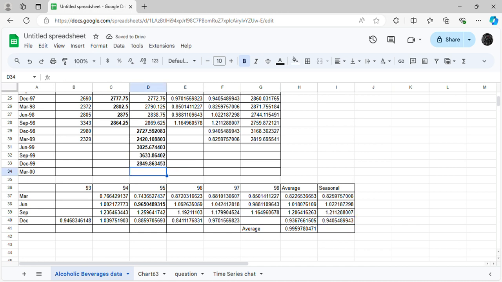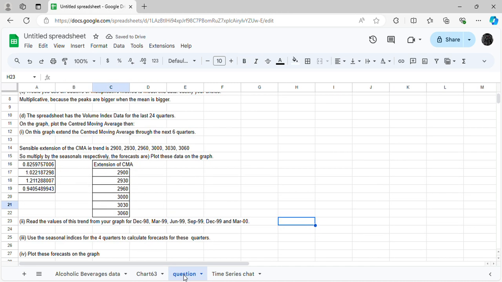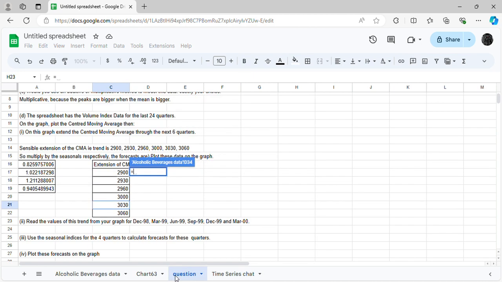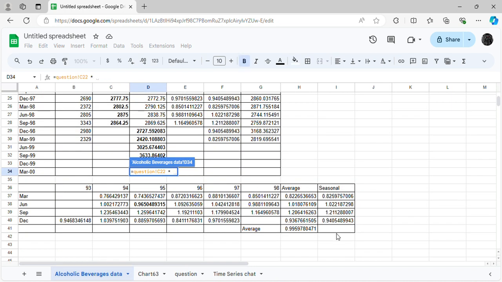And for March 2000, that equals the estimate for March 2000 multiplied by the seasonal index for March.